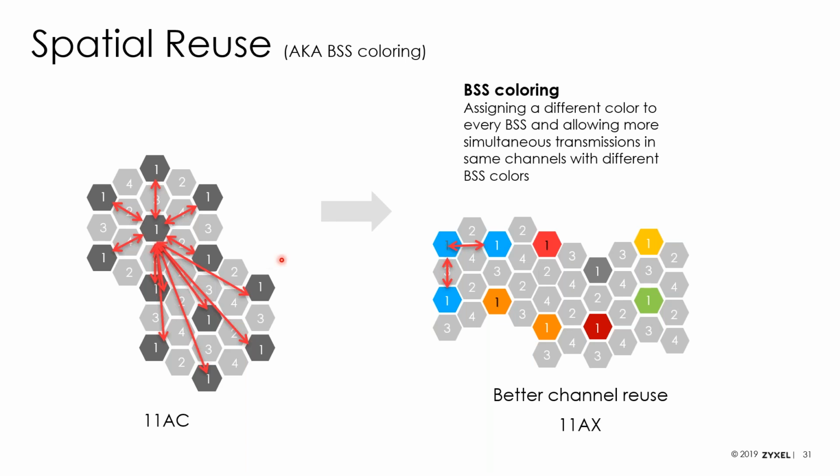On AX, there has been introduced BSS coloring, which gives a color tag for the basic service set. And that again means that APs in a different basic service set are able to talk at the same time, even though they are on the same channel. Meaning that, once again, in the same environment, we can have several different APs that are visible to each other and can hear each other, but due to this method, they are able to serve the clients at the same time, despite that they are on the same channel.